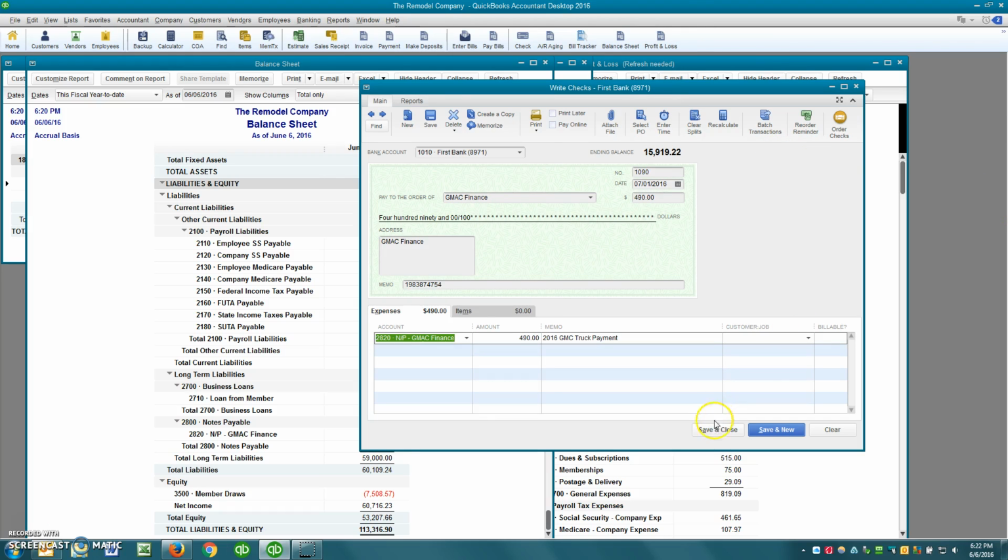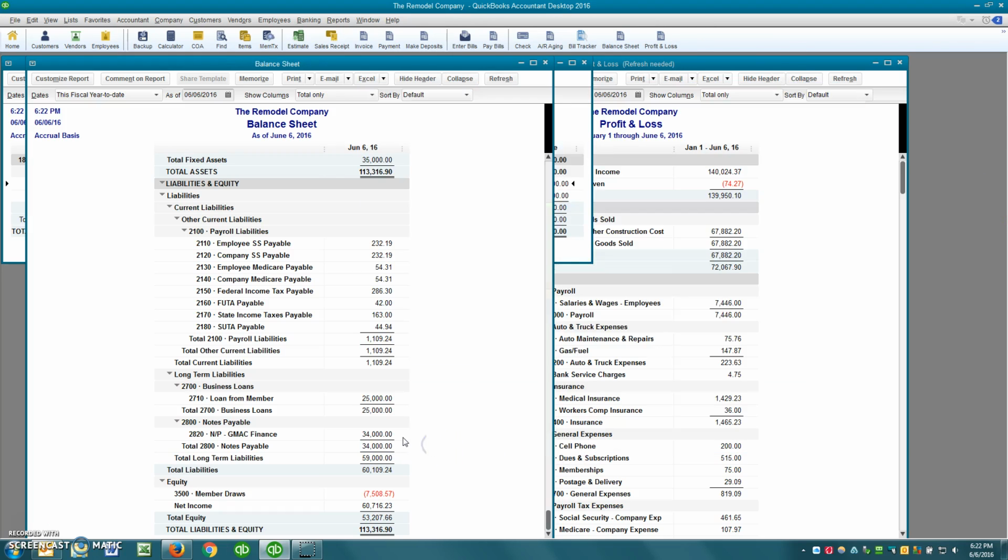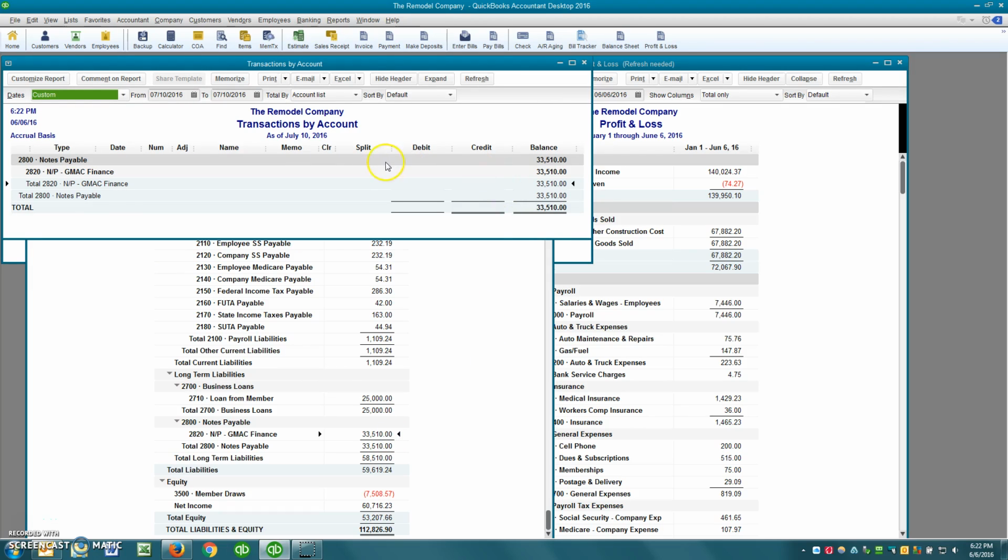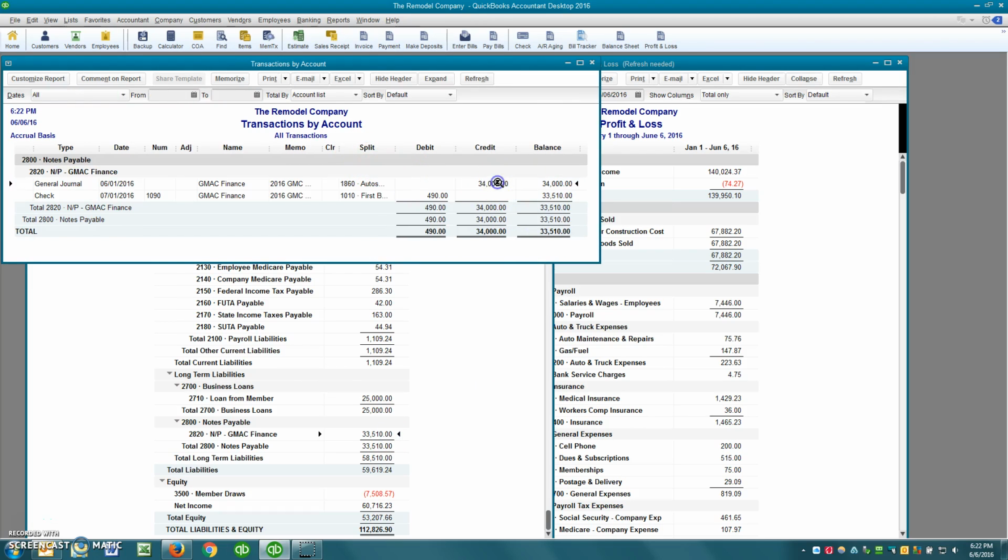And so now, as we record that, let me scoot this out. Okay, you can see now we've got the original $34,000, and we paid down the loan balance to $33,510. But again, that's not accurate because there is interest in that.